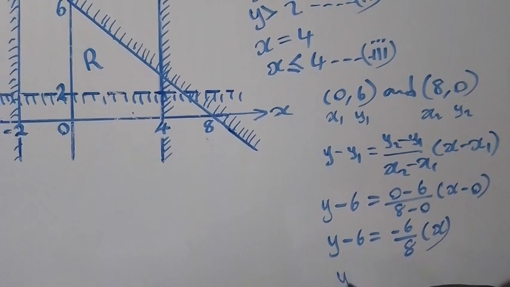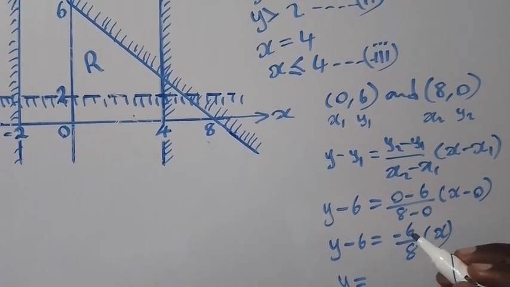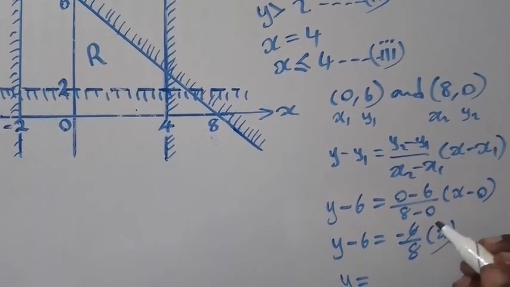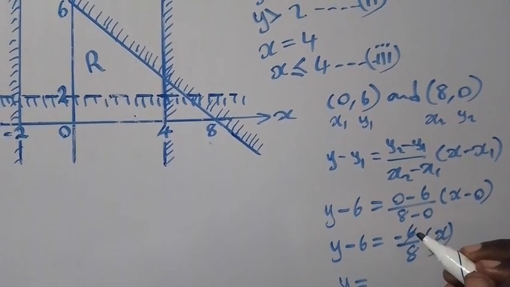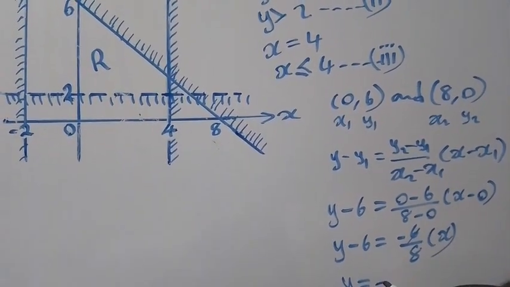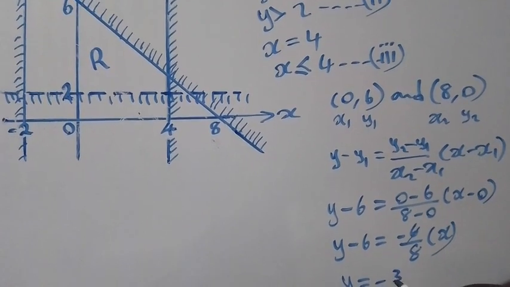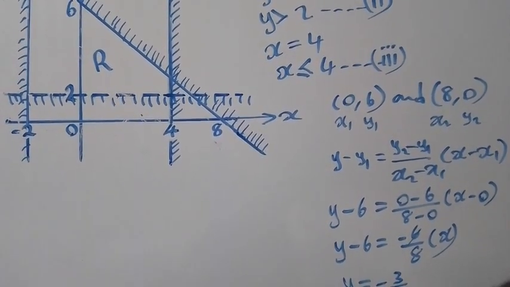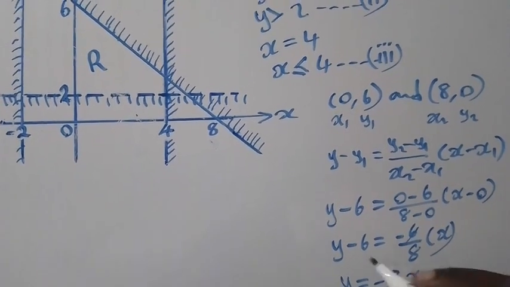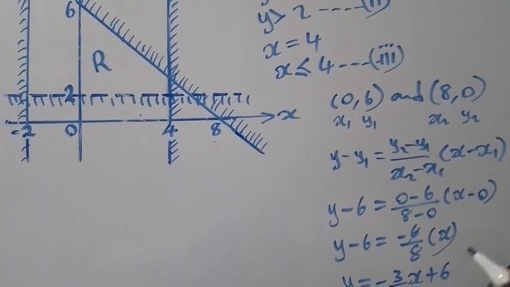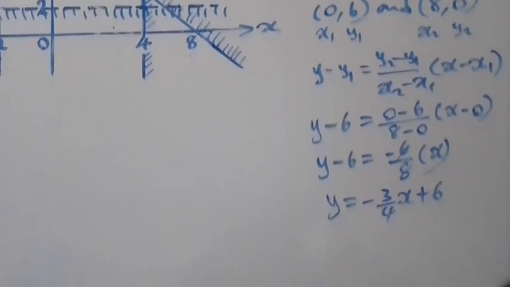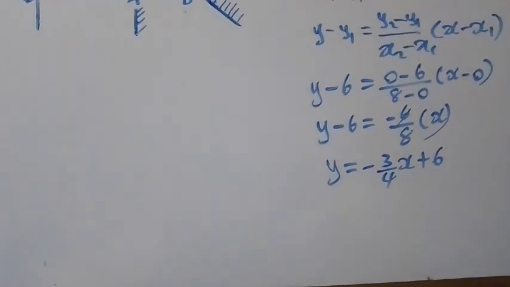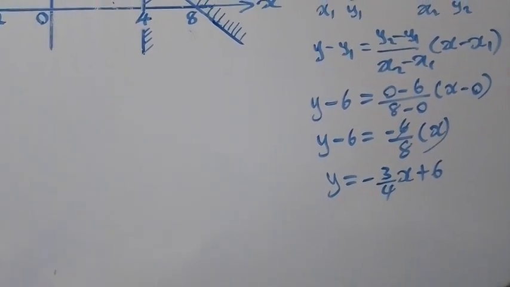So it will be y equal to, this one can be reduced. 2 into negative 6, it's negative 3. 2 into 8, it's 4. Plus 6. Okay, so this is the equation we have made.